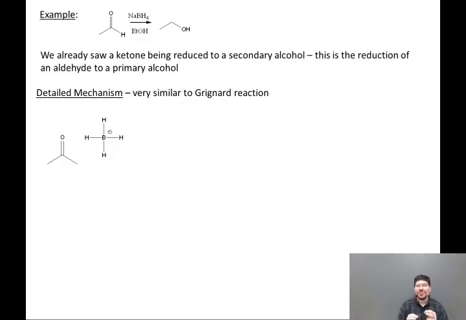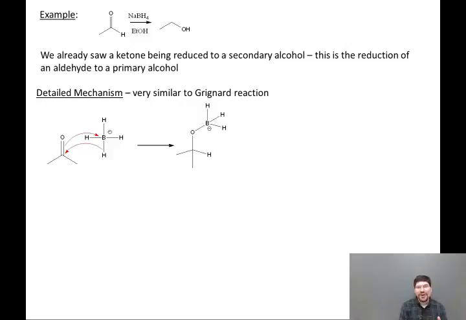The hydrogen, which is the negative end of the BH dipole, approaches the carbonyl carbon. So we have our two arrows, one going from the boron-hydrogen bond to the carbonyl carbon, and then another arrow from the carbonyl CO pi bond to boron, which ends up forming a boron-oxygen bond.